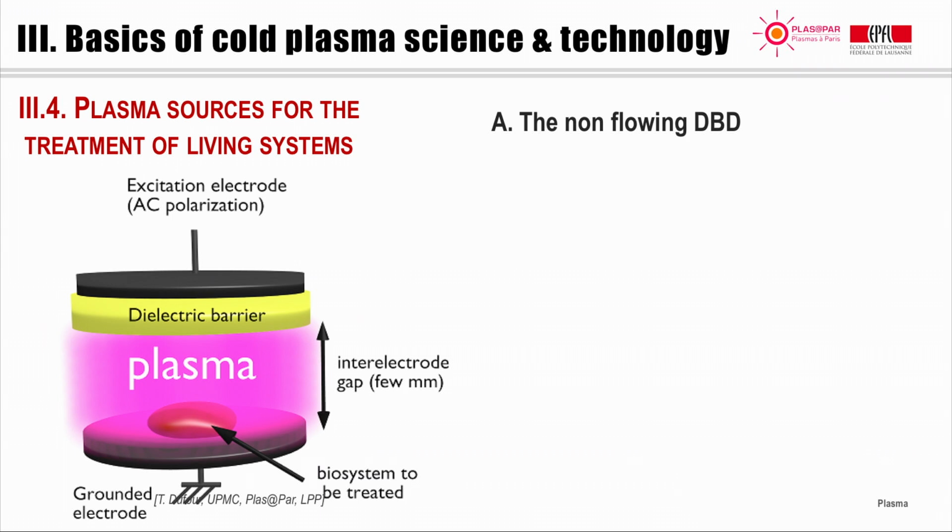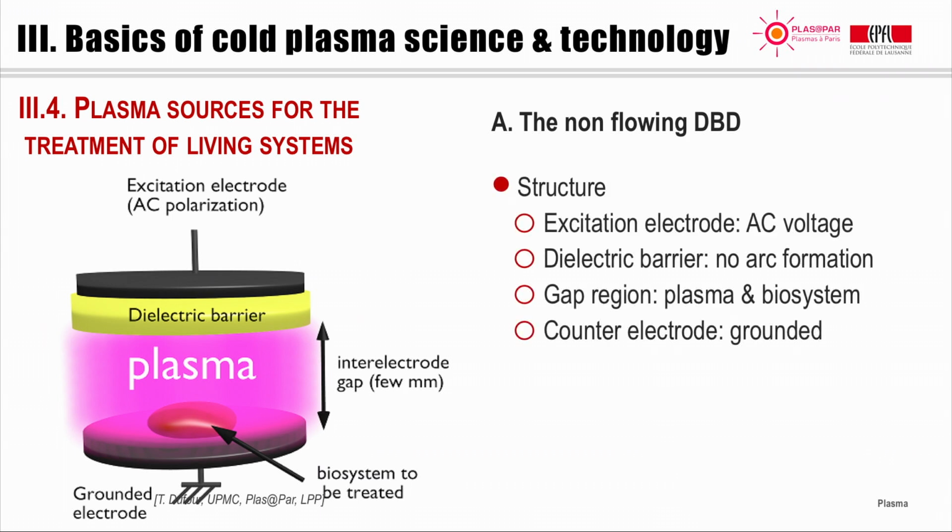The structure of the non-flowing DBD is as follows: an excitation electrode, a dielectric barrier, a gap region where a gas can be ionized, and a counter electrode. The excitation electrode is polarized to an AC or pulse voltage, while the counter electrode is grounded. Hence, an alternative electric field applied in the gap region can generate a cold plasma. The dielectric barrier is of major importance, since it prevents any thermal arc formations.